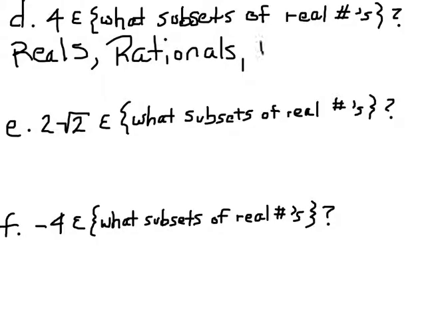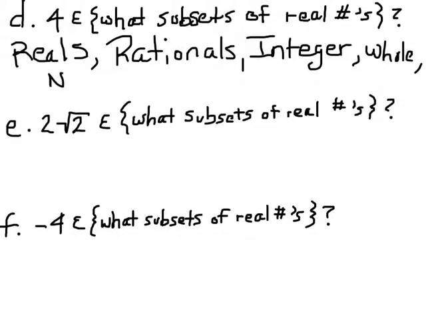It is an integer. It is a whole number. And it is a natural or counting number. So for D, we had several then, didn't we, that we had to list. So that's how you can see why I say that it's going to be really handy to keep that chart with you all of the time.